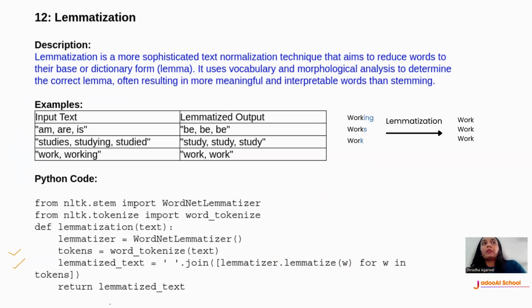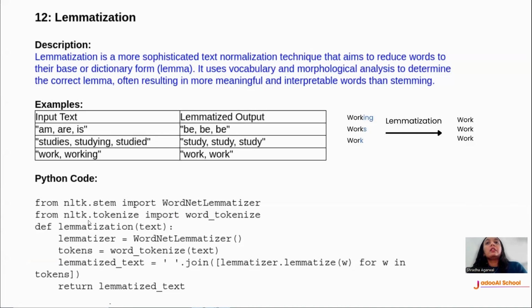Lemmatization means what? In lemmatization, we want our text to be super clean and the context to be maintained. Because what we are trying to do is create an application where we are chatting with the computer, or where we want the machine to understand the language, something like how a human understands it, right?